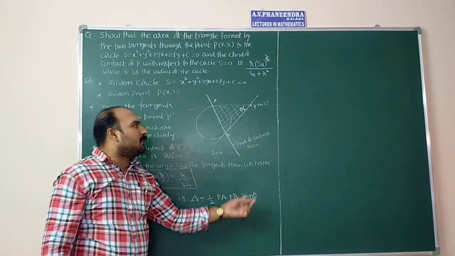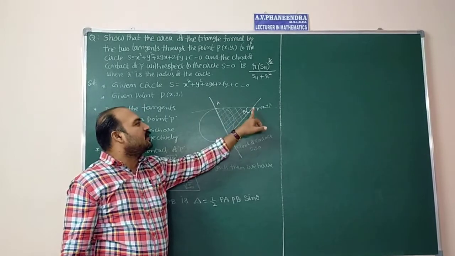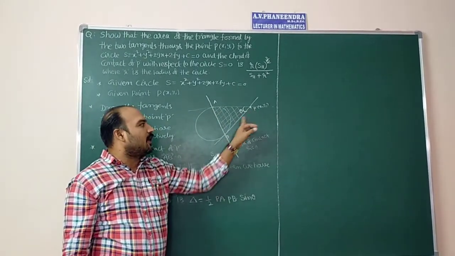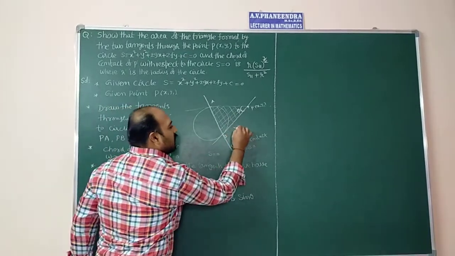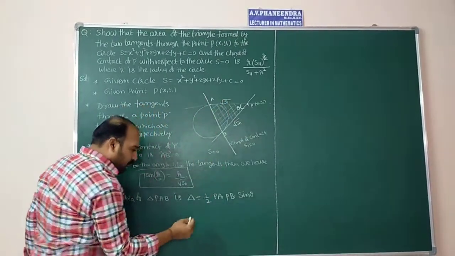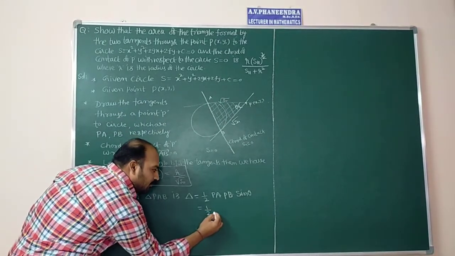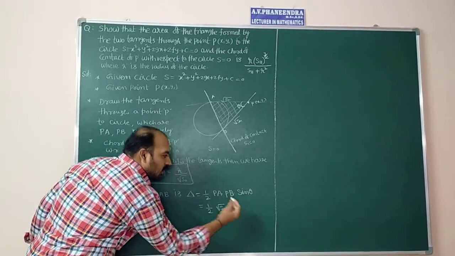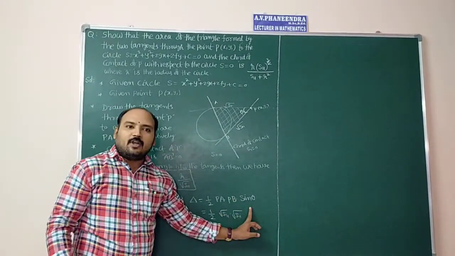What is PA, what is PB? PA means the length of the tangent from this point to the circle. Again PB is also the length of the tangent from this point to this circle. This is √S11, this is also √S11. Therefore, half into √S11 into √S11 into sin theta, we need to calculate.